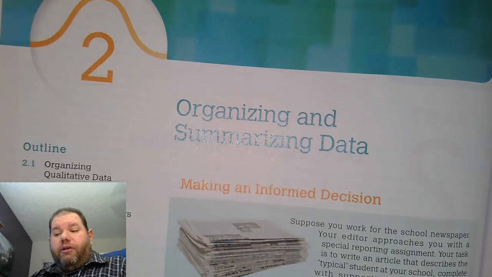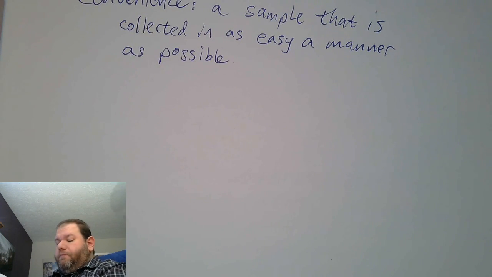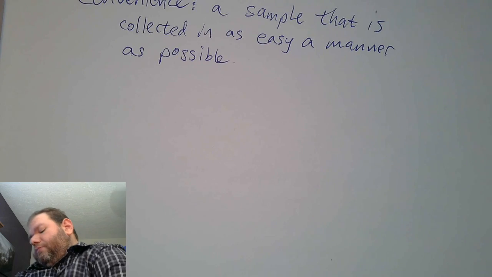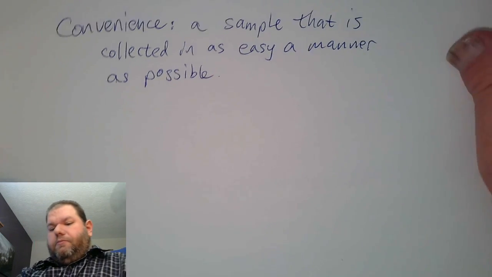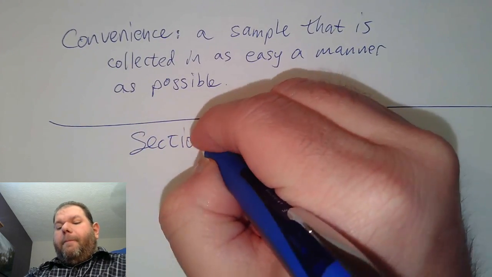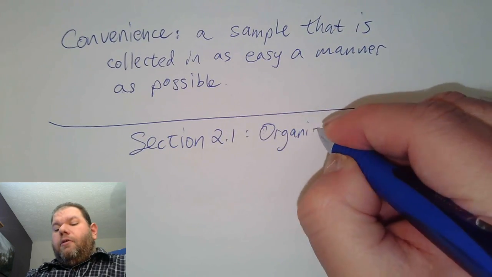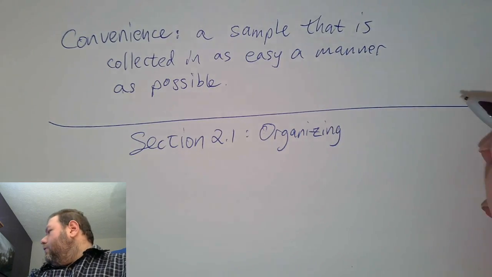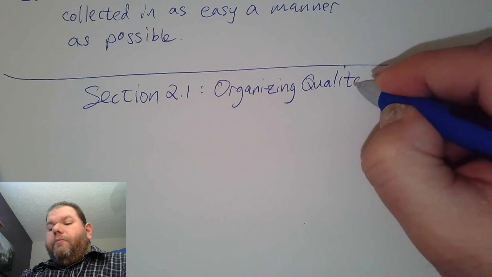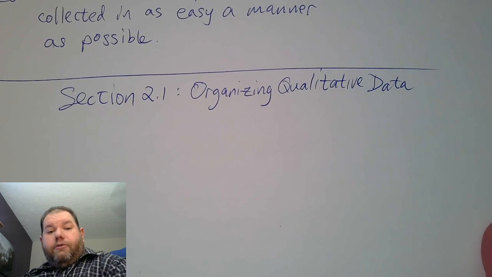So section 2.1, which we'll talk about first, is on organizing qualitative data. Now, we said qualitative before.